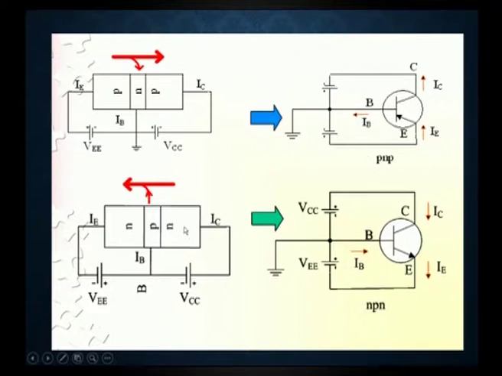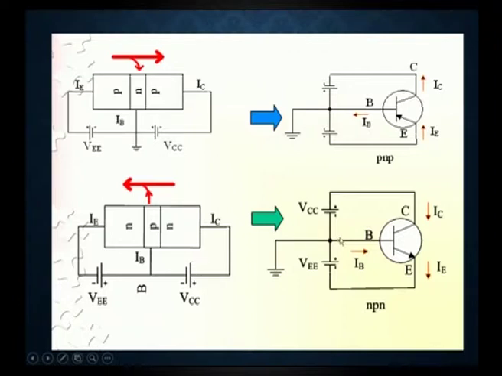For NPN, it is the reverse of PNP, so the direction of current will be reversed, and the majority and minority carrier flow is also reversed here. The same thing applies to the NPN: the polarity should be connected in such a way that it follows the conventional current flow we have assumed. This is the way we connect the emitter voltage and the collector voltage.